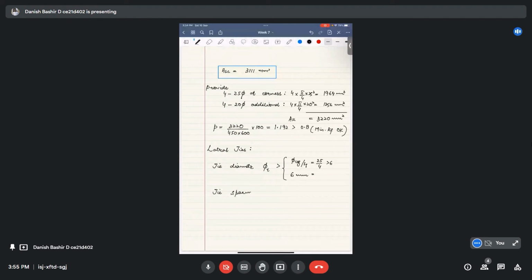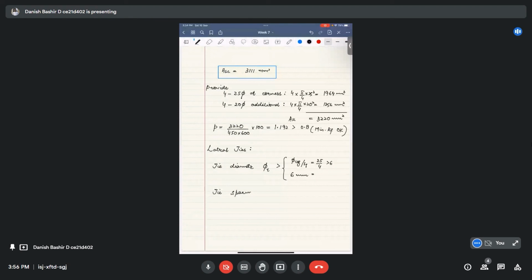Let's calculate 16 times the minimum we provided, 20 mm. It is 320, and the least lateral dimension is 450. Another one is 600 mm and this is 300 mm. We have to provide the minimum of all three, so we will provide 300 mm.